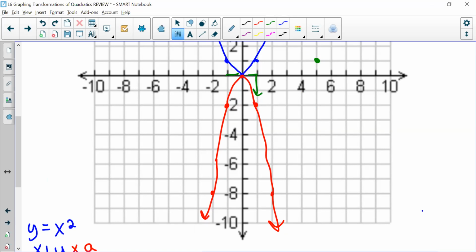So now I'm going to go over 1 from my vertex, each direction, down 2. These points were over 2, down 8, so I can follow that same pattern here, over 2 and down 8. Either method will get you the exact same parabola.